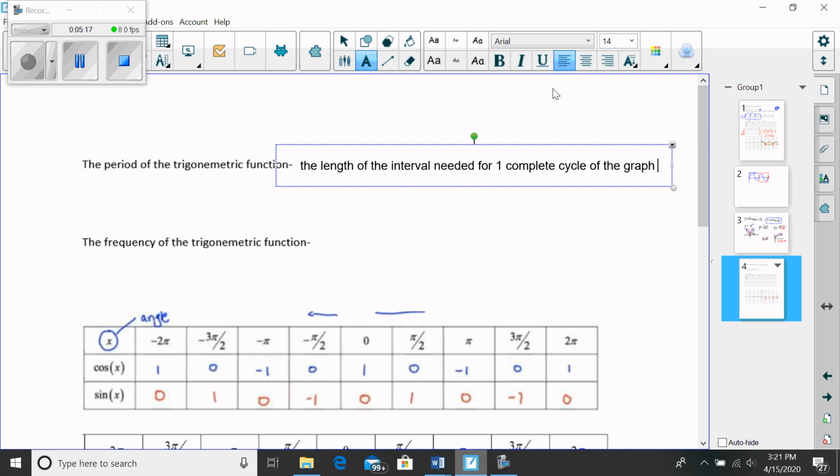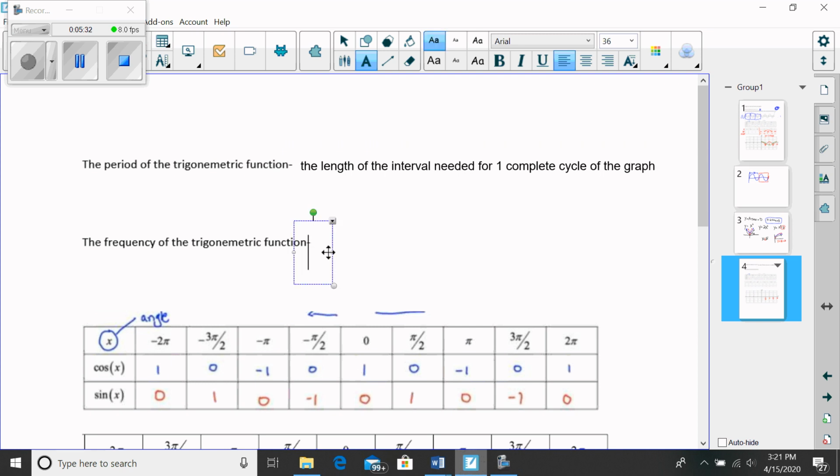Okay, so the period is the amount of time it takes to complete one cycle. You might hear that and say, gosh, that sounds a little bit like my middle school health class, right? Not a coincidence. Okay, a period is the time it takes to complete a full cycle.